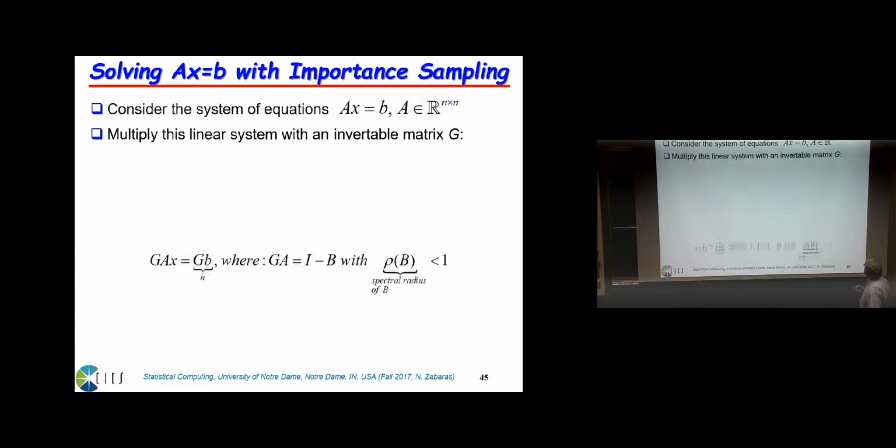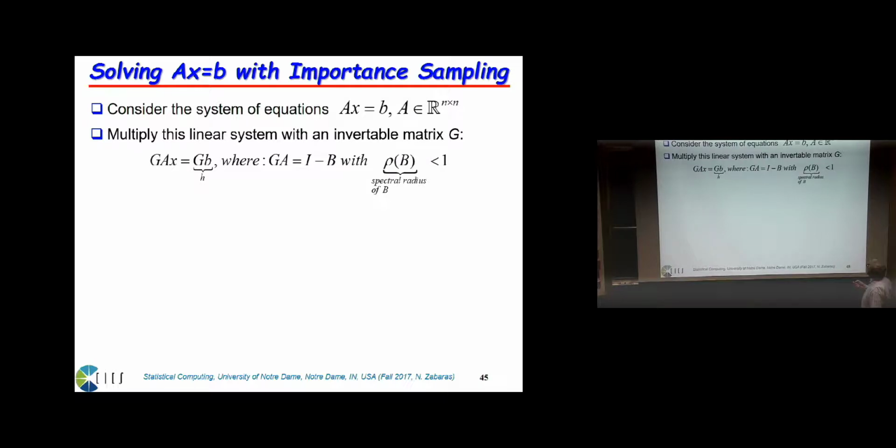Here's the trick. I'm going to multiply this with a matrix G, and somewhere in the slides I even tell you exactly how you choose it, so the right-hand side would be another vector h. G is given, but I multiply with G so that GA can be written as I minus B, where the matrix B has a spectral radius less than 1.